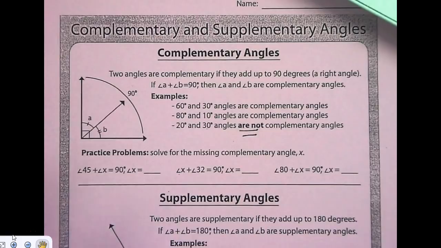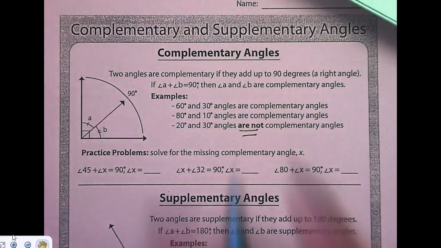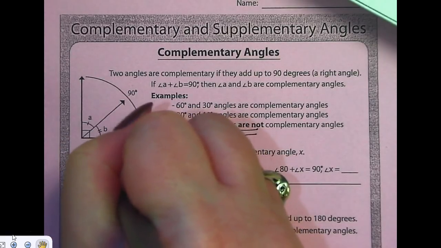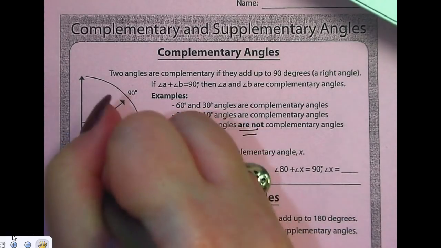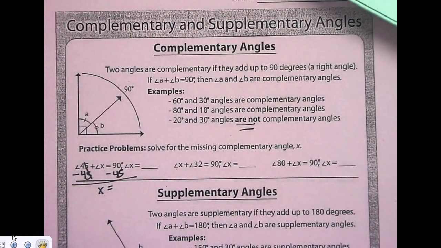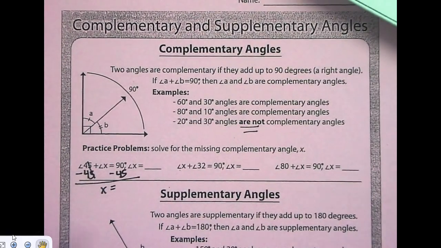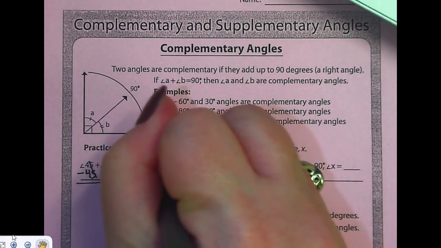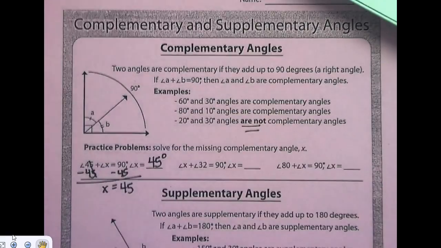So these practice problems. Solve for the missing complementary angle. 45 plus x equals 90 degrees. So we would subtract 45 from both sides, and you are left with x equals, what's 90 minus 45? 45 degrees. So x equals 45 degrees.